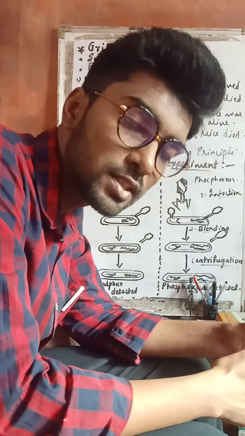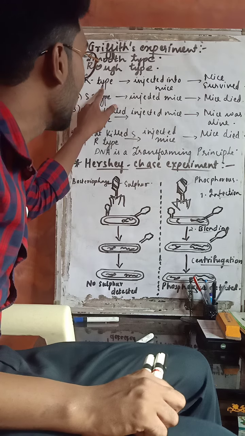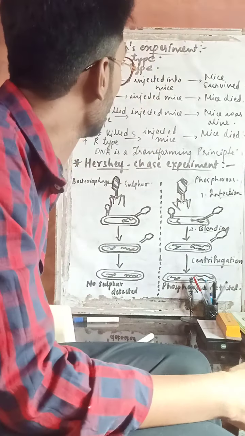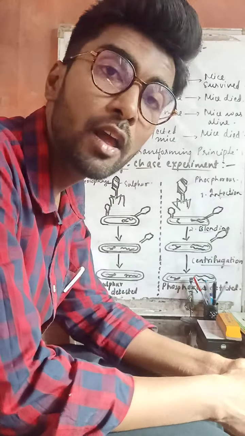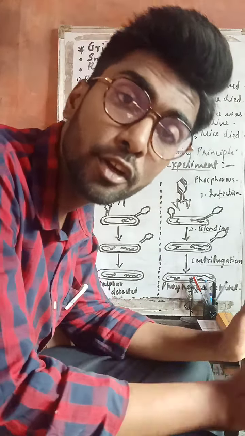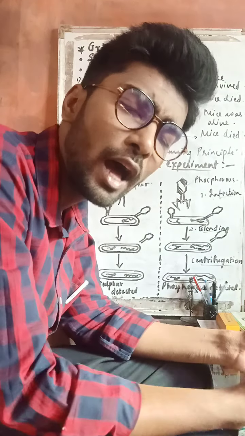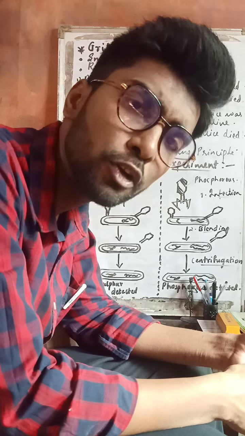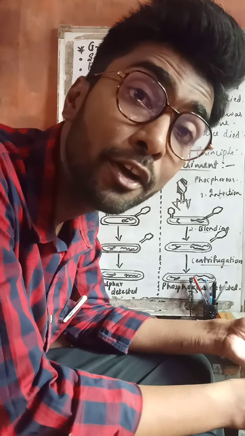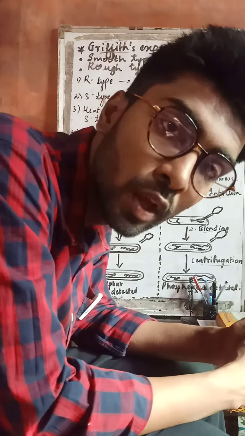The first observation: when R type of bacteria was injected into the mice, the mice did not develop pneumonia and survived. Why did the mice survive when R type of bacteria was injected? Because R type is non-virulent and non-pathogenic, and that's why the mice was alive and survived.